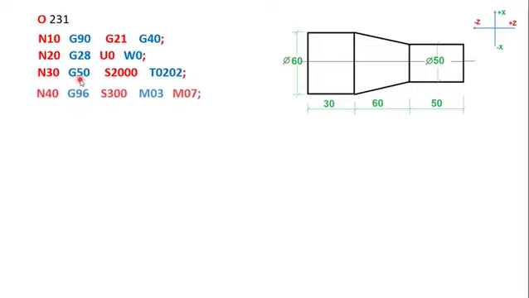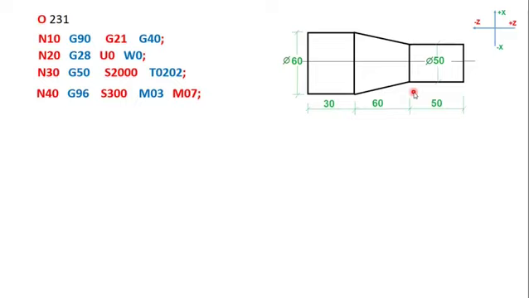Next is G96 S300 M03 M07. M03 is spindle on, rotating in clockwise direction. M07 is coolant on. So what is G96? When you are doing a taper operation, as the diameter goes smaller and the tool comes here, the RPM will become very high.